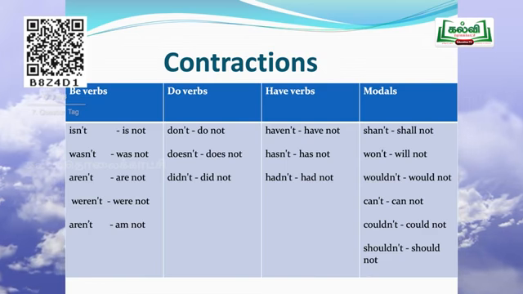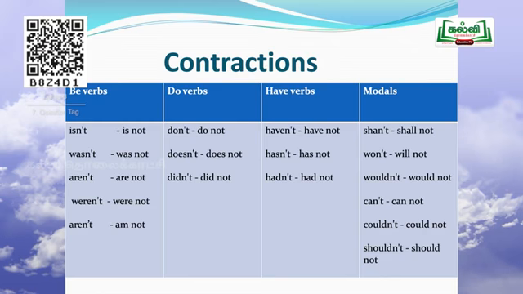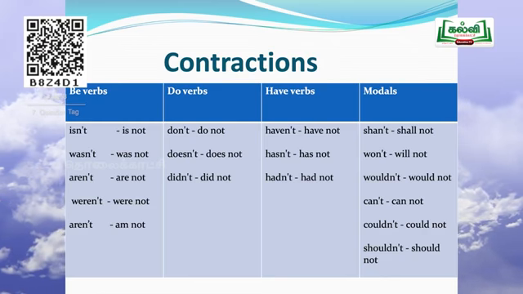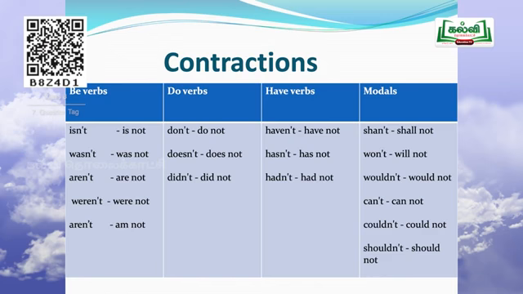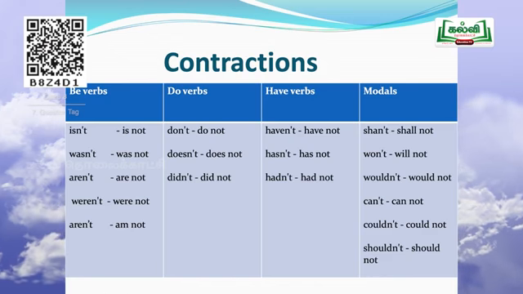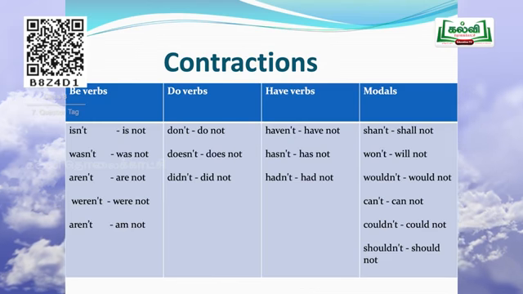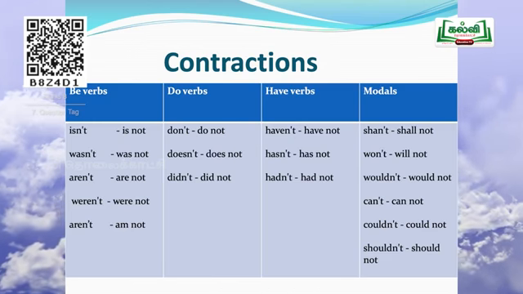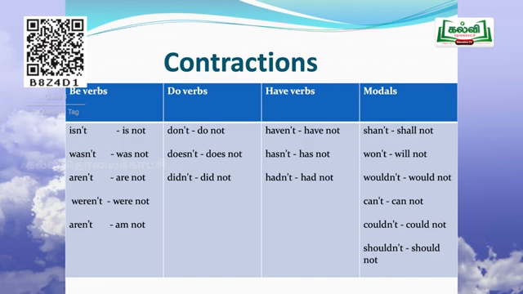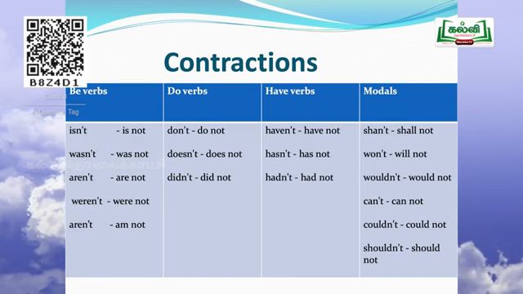Do verbs: do plus not, don't. Does plus not, doesn't. Did plus not, didn't. Similarly, have plus not, haven't. Has plus not, hasn't. Had plus not, hadn't. For modals, shall plus not, shan't. Will plus not, won't.